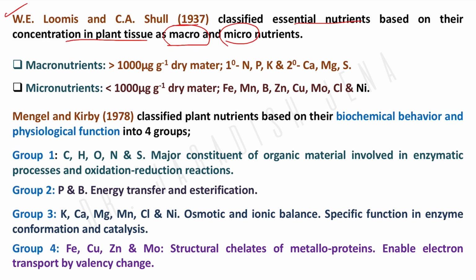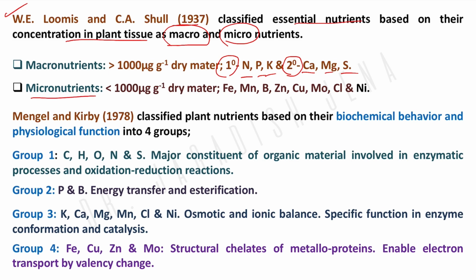So according to them, if in the plant system there is more than 1000 ppm of nutrient present or required, then that is called macronutrient. Macronutrients are again classified into primary macronutrient and secondary macronutrient. Primary macronutrients are N, P, K, nitrogen, phosphorus and potassium. Secondary macronutrients are calcium, magnesium and sulfur.